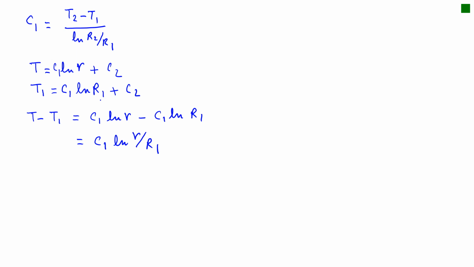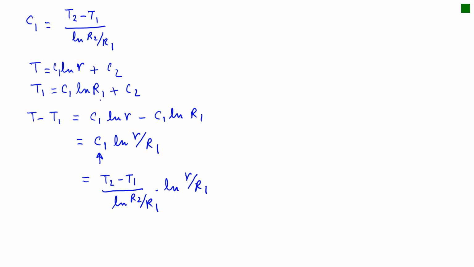Now we substitute for C1, which is already known. So this is equal to T2 minus T1 over natural log of r2 over r1 times natural log of r over r1.